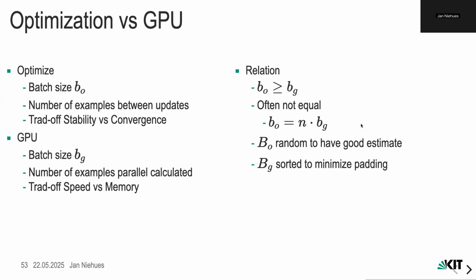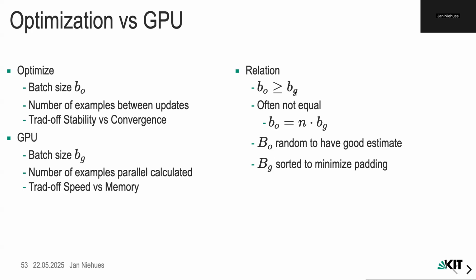However, there is a relation between them. Your optimization batch size has to be larger than your GPU batch size. Why is that the case? Yes, resources otherwise, because we don't use all the... Yes, it depends.